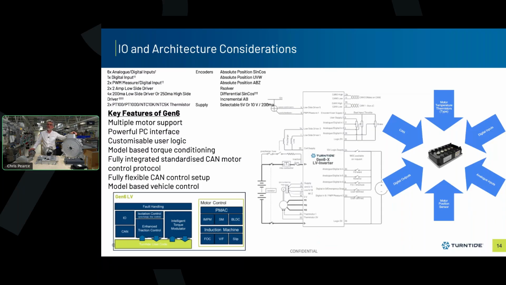So we've got a multitude of I/O for the kind of controls we might need, PWM inputs and outputs for controlling of fans, high current low side drivers for controlling contactors like line contactors or pump contactors, low current drivers for relays, high side drivers to control inputs on auxiliary equipment like DC-DC converters and OBDs, etc. And a range of encoders we support depending on the motor selected for the application we're trying to solve.